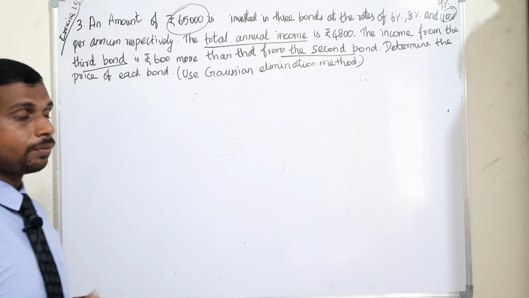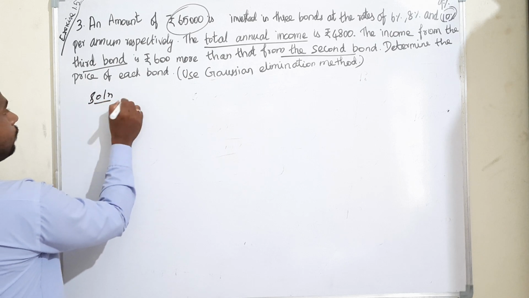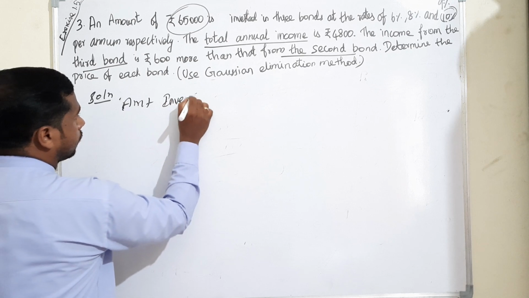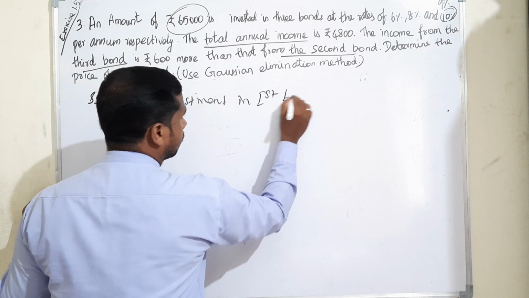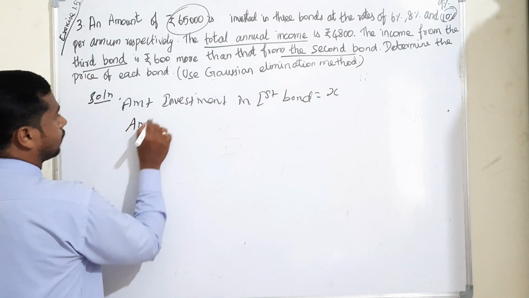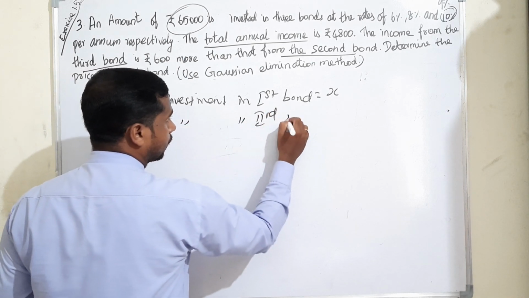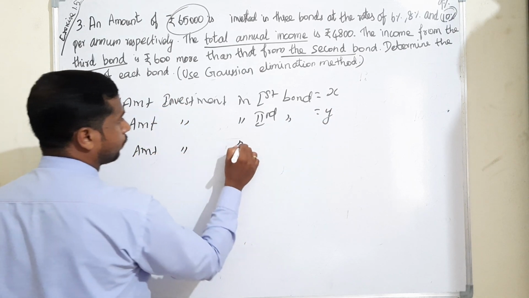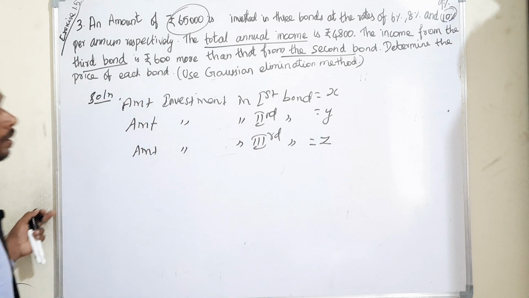So for the various different types of 3 bonds, consider for the solution: the amount of investment in the first bond, consider it X. Second, the amount of investment in the second bond, consider it Y. The amount of investment in the third bond, consider it Z.